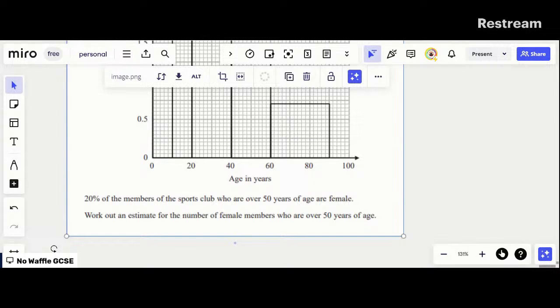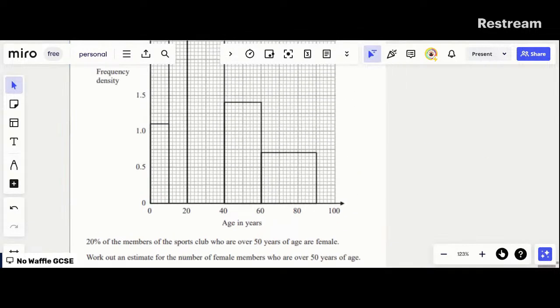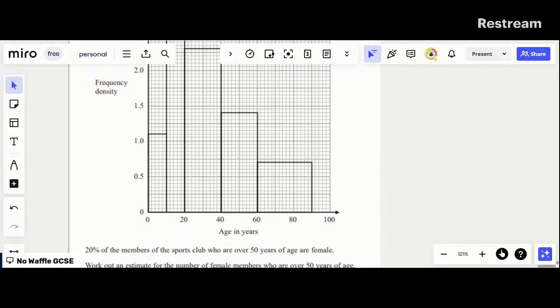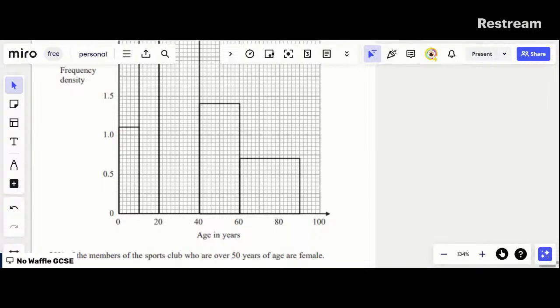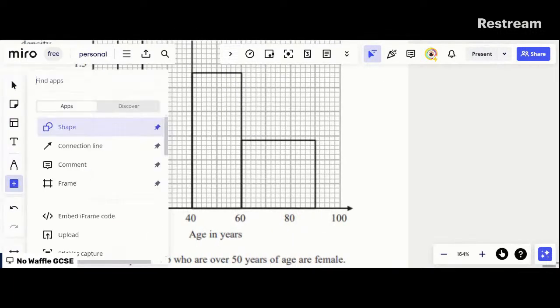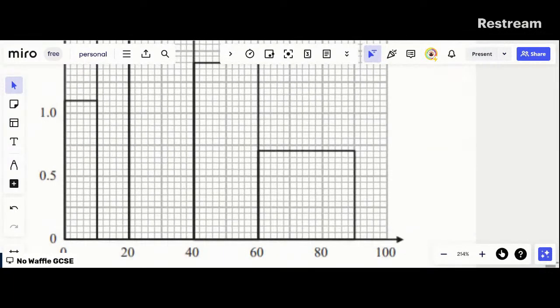So let's start by working out the total number of people who are over 50. So 50 is going to be right intersecting this bit here.